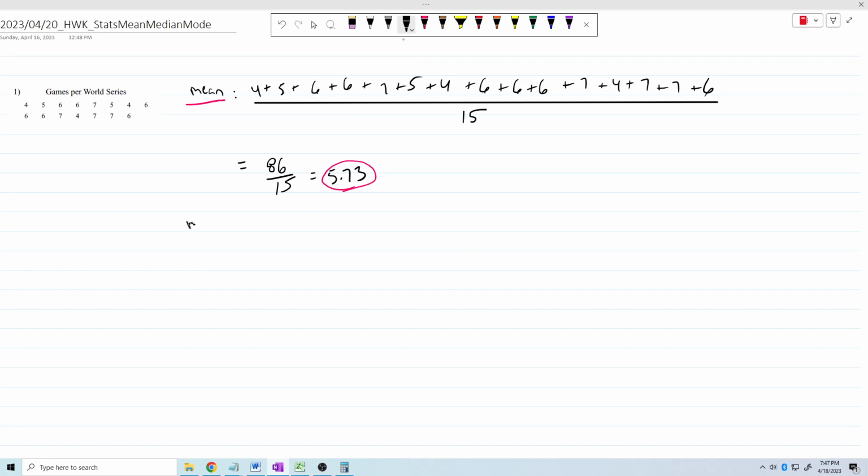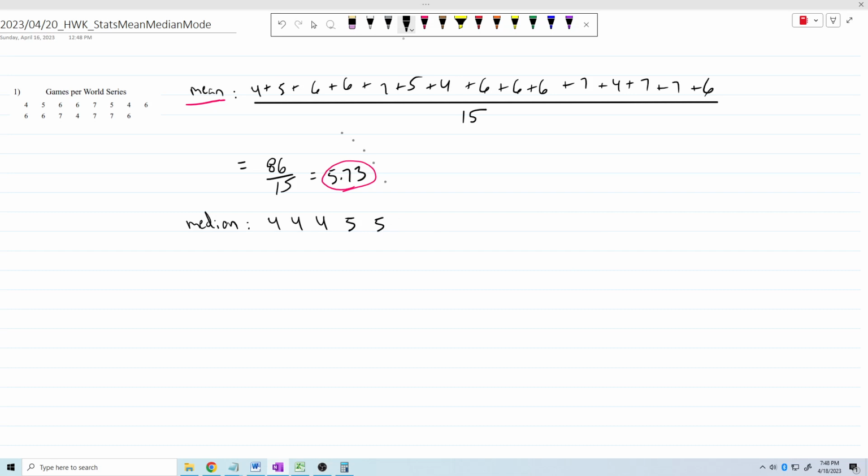Median, let's do median real quick. With median, you want to organize all the numbers from smallest to largest, or you could do largest to smallest. I just like doing smallest to largest. But the key is they have to be in order for this to work.